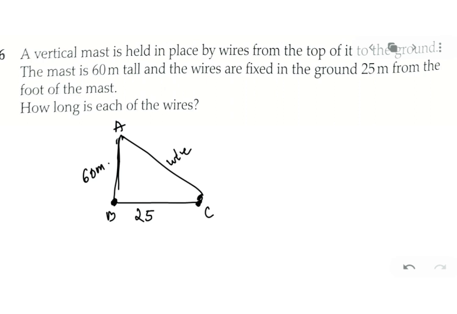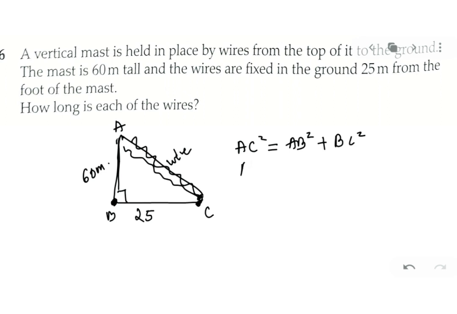Next is, you have to find out how long is each of these wires. So one is given, the mast is 60 meters tall and the wires are fixed in the ground 25 meters from the foot. Yes, you have to find this wire. So there are many wires which are holding this mast. So we have to find the length of wire. So again you have to go for AC square is equal to AB square plus BC square.